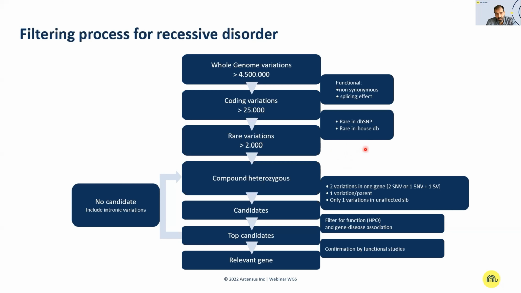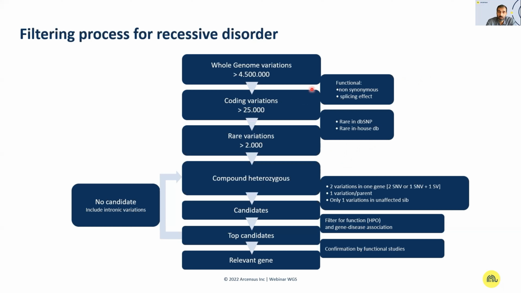The first filtering step to perform is to filter, obviously, for variants that are expected to be true, so a quality filter takes place. Then the next step is to focus on variants that are expected to have an effect on a protein.